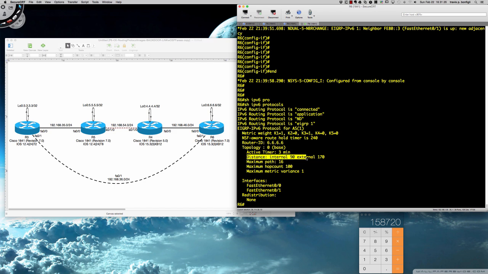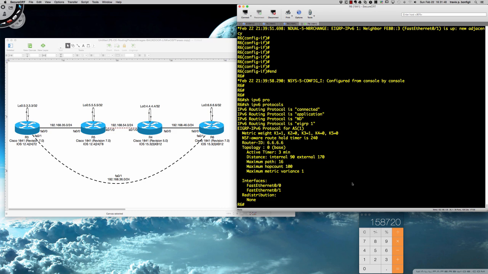We see the distances, right? Internal administrative distance is 90, external 170. Maximum number of paths is 16. My max hop count, again, is 100. And here are the two interfaces on which EIGRP for IPv6 is running.